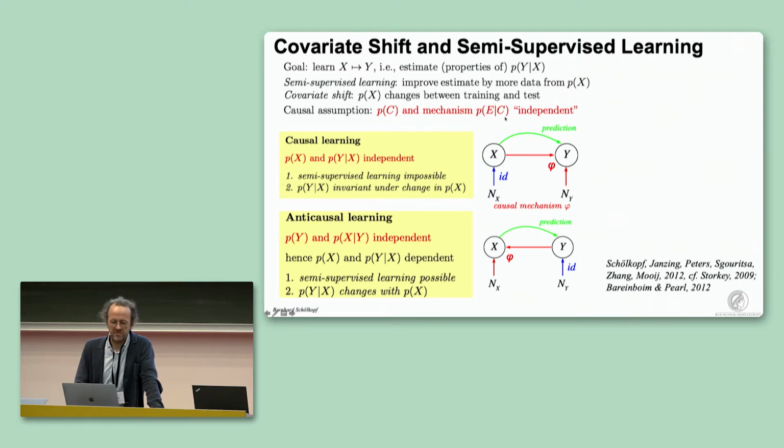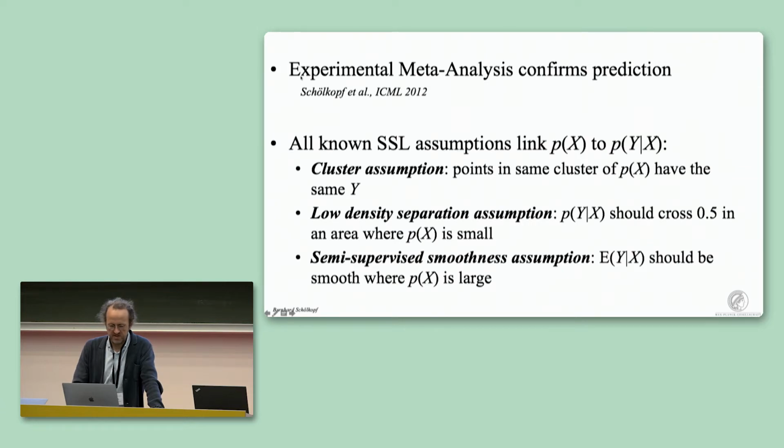By the same kind of argument, in the anti-causal direction it should in principle be possible, if we remember the argument from before, that if we assume independence in the forward direction, we get strict dependence in the backward direction. It turns out, just by a meta-analysis of benchmarks that other people have run, this is exactly what we observe. So this was a nice confirmation, and it's also closely related to various assumptions that people have made for semi-supervised learning.